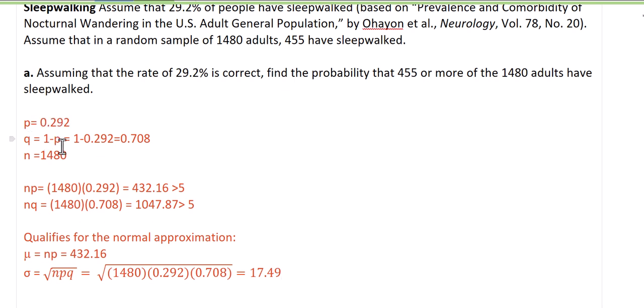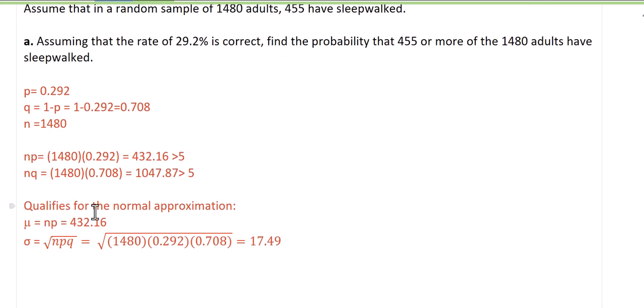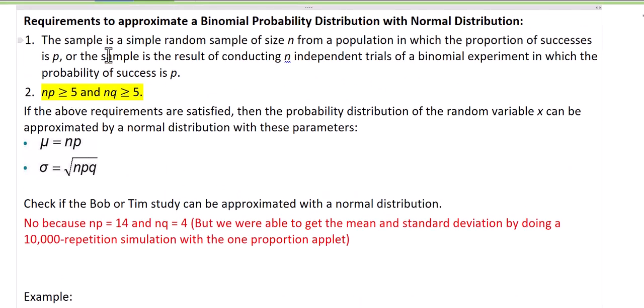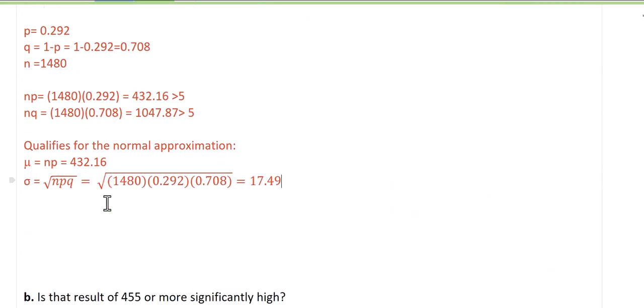Q is 1 minus P, so the probability of failure is 0.708, and that's our size of the sample. So NP and NQ are greater than 5, technically greater than or equal to. And so this qualifies for the normal approximation, which tells us that if these conditions are satisfied, the mean is n times p, and the standard deviation is the square root of npq. So that's what we just found.